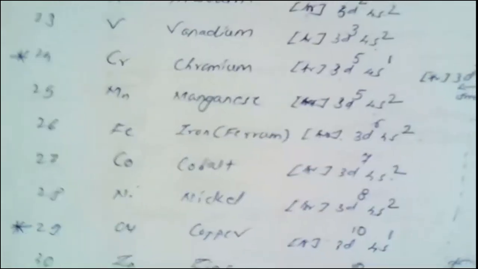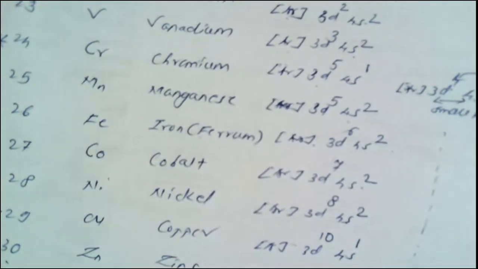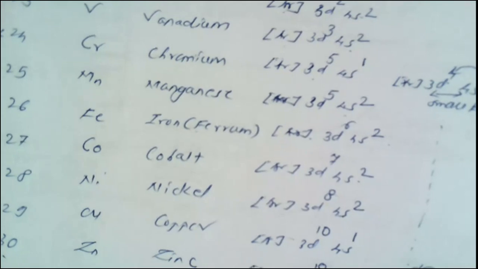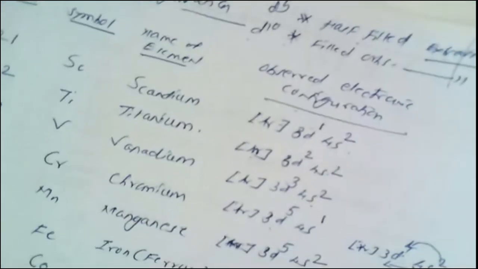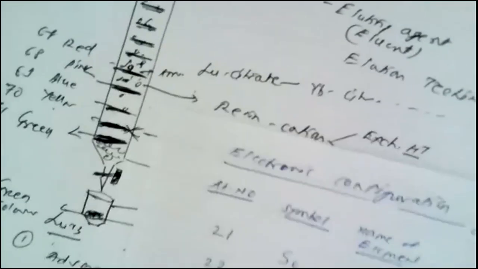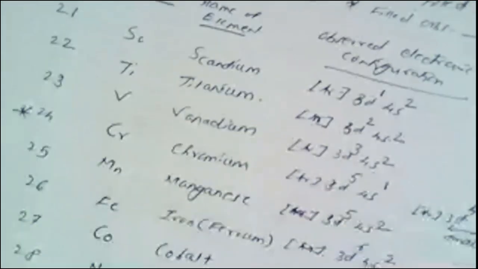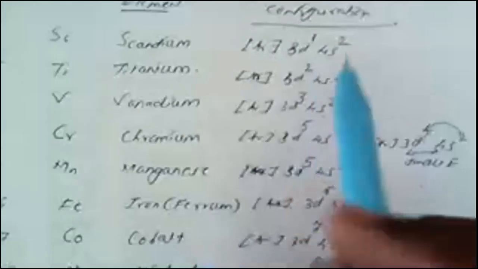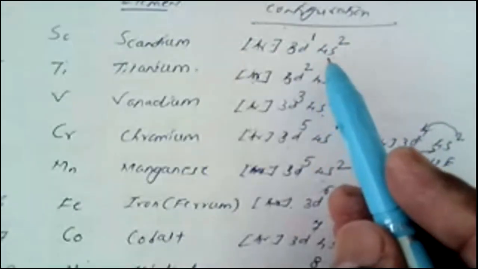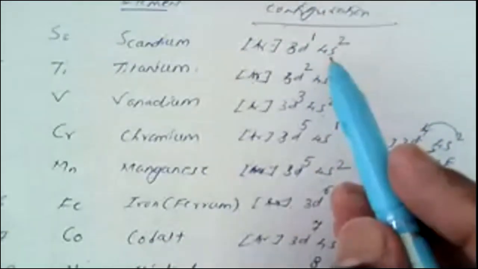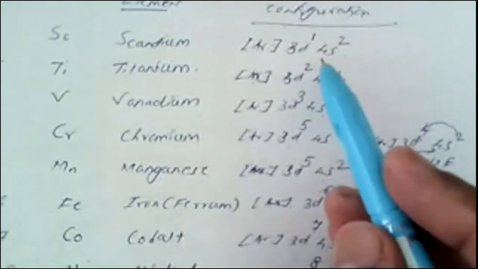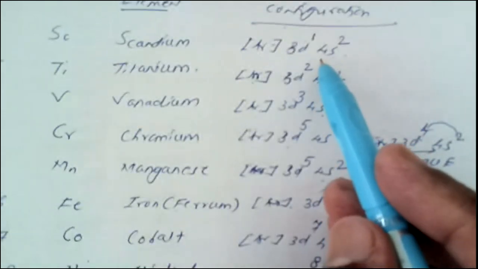So the drastic feature of this electronic configuration is that at calcium, just now we have seen that the 4s orbital is filled at calcium. After the 4s orbital has been filled completely at calcium, the next choice for the incoming electron will be the 3d orbital.